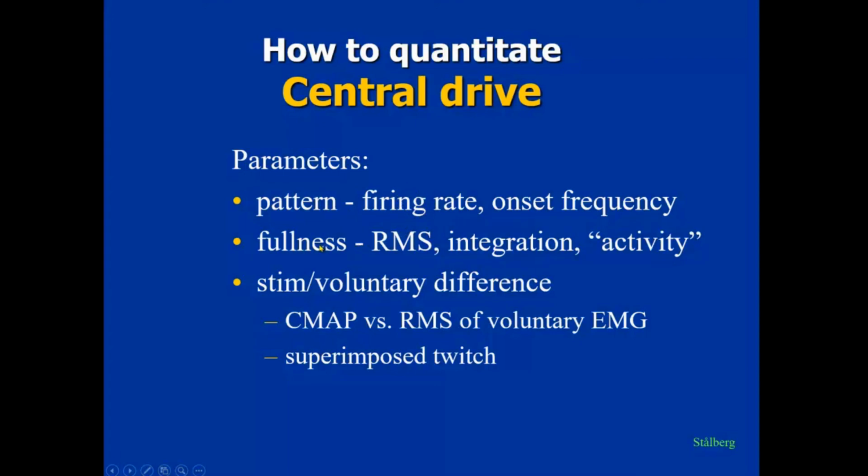We can look at the fullness of the EMG pattern, usually reduced fullness, and that can be quantitated with the root mean square, for example. Or we can do a combination of recording the CMAP during electric stimulation and the root mean square of voluntary EMG. In the central disorder we have a normal CMAP but a reduced RMS. And there are also other techniques that can be used.